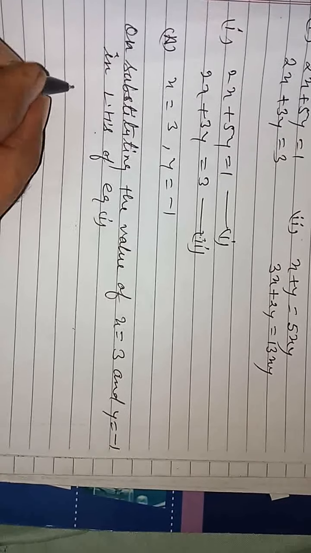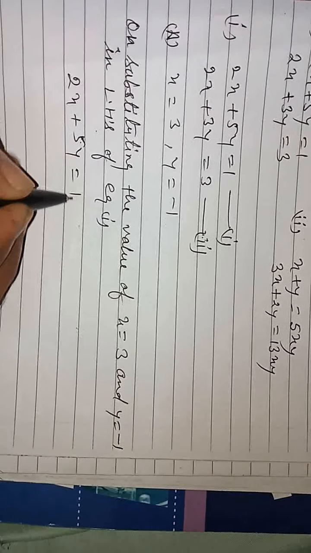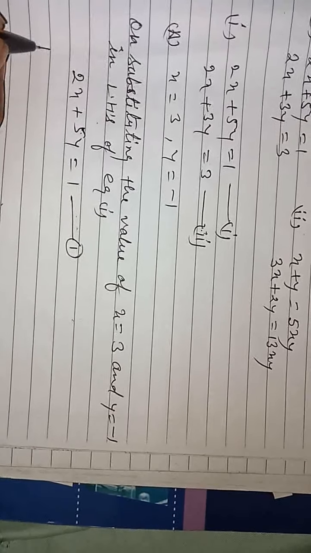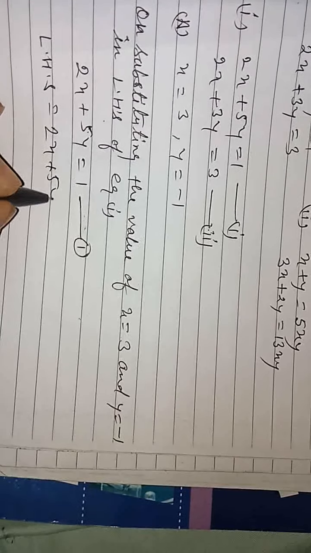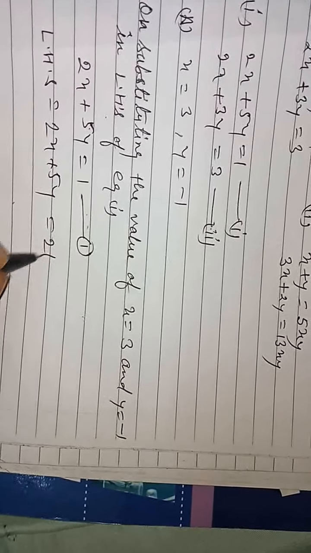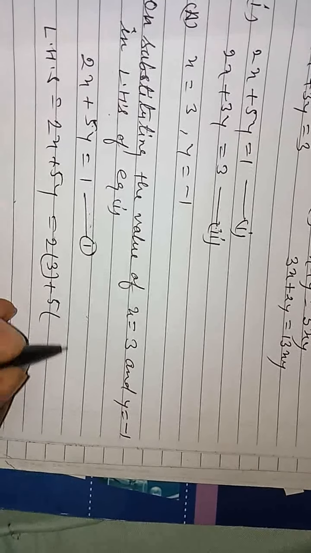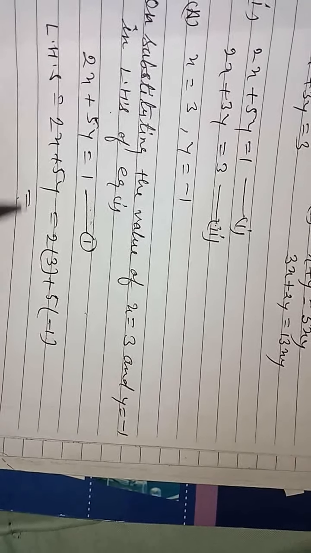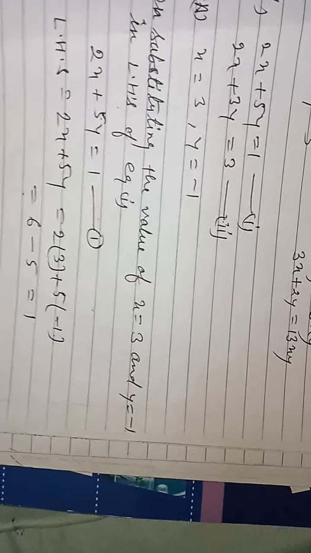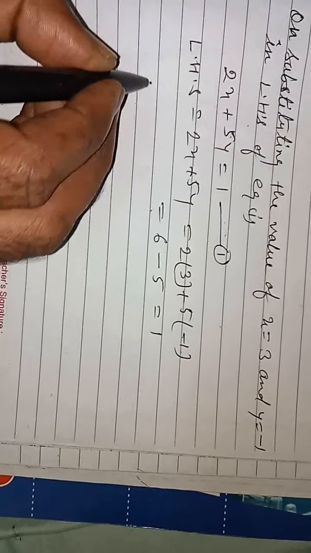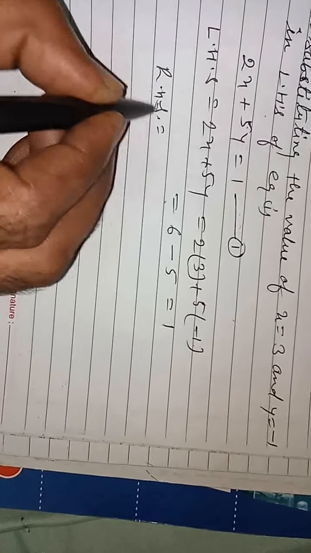So equation first is 2x plus 5y is equal to 1. LHS equal to 2x plus 5y. So at the place of x we put 3 and at the place of y we put -1. So 6 minus 5 is equal to 1. So RHS equal to 1.